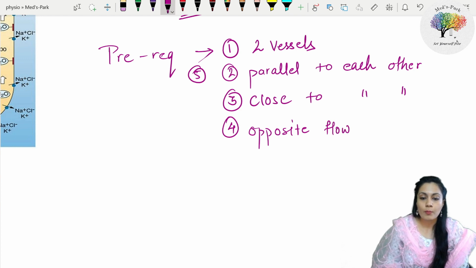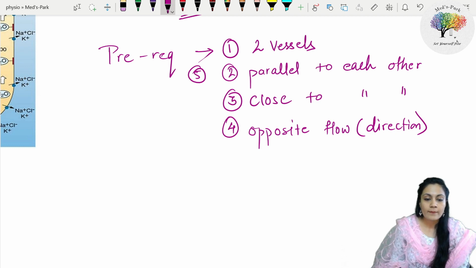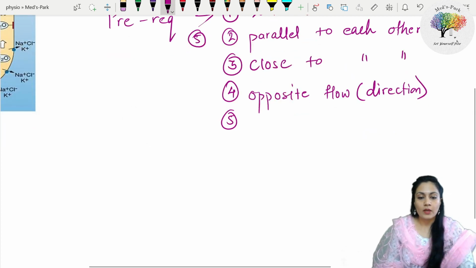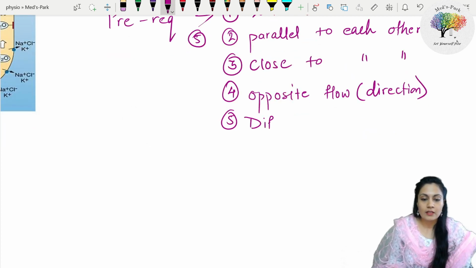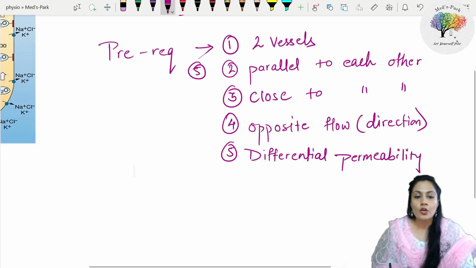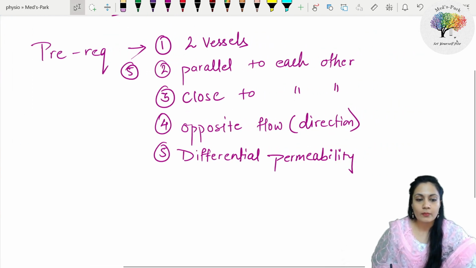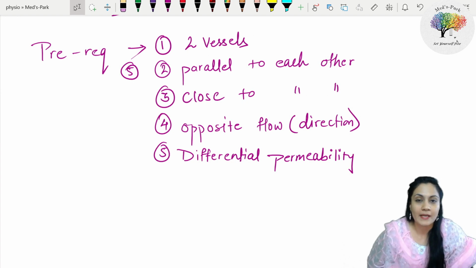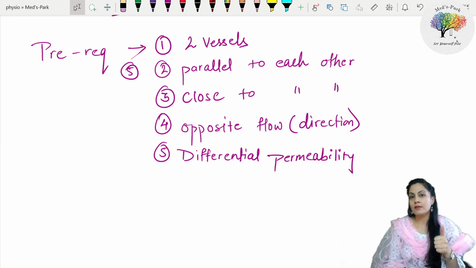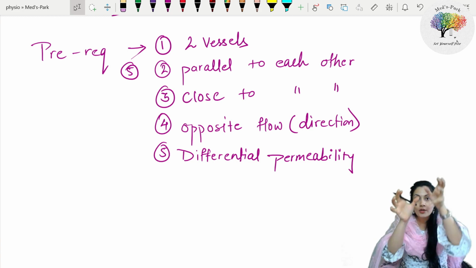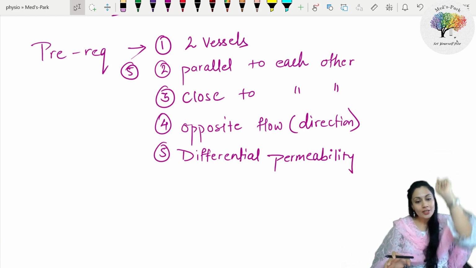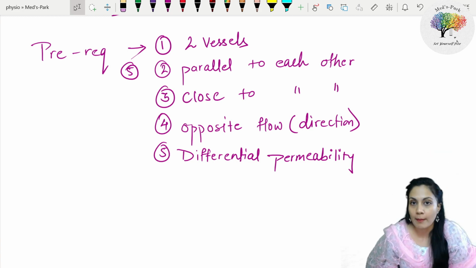Opposite flow means opposite direction of the flow. And the fifth one is the differential permeability. So these are the 5 prerequisites we are going to require for this mechanism. First is the two parallel vessels close to each other, but they should have flow in opposite direction, and understand they should have differential permeability.